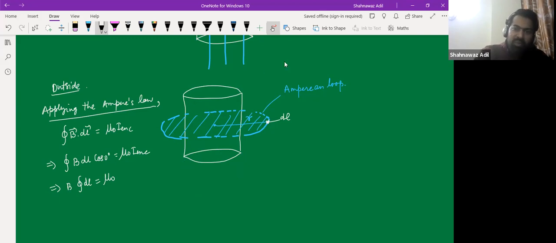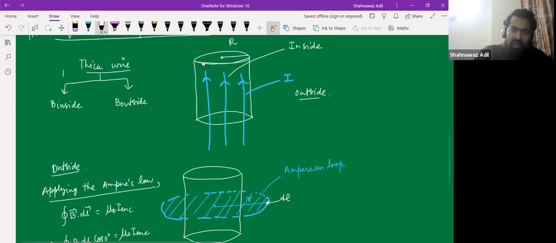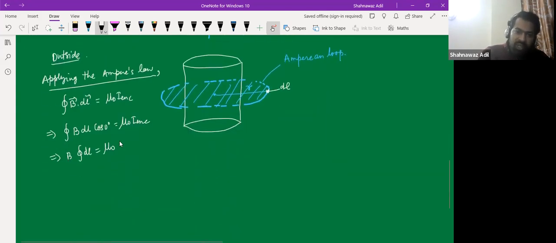The whole current which was passing, it will take. So the whole current is I. So that would be simply I.